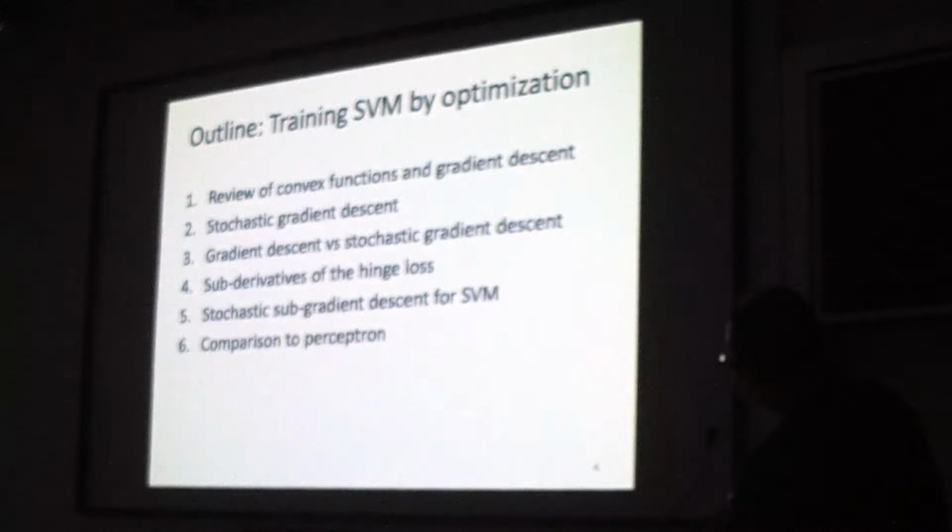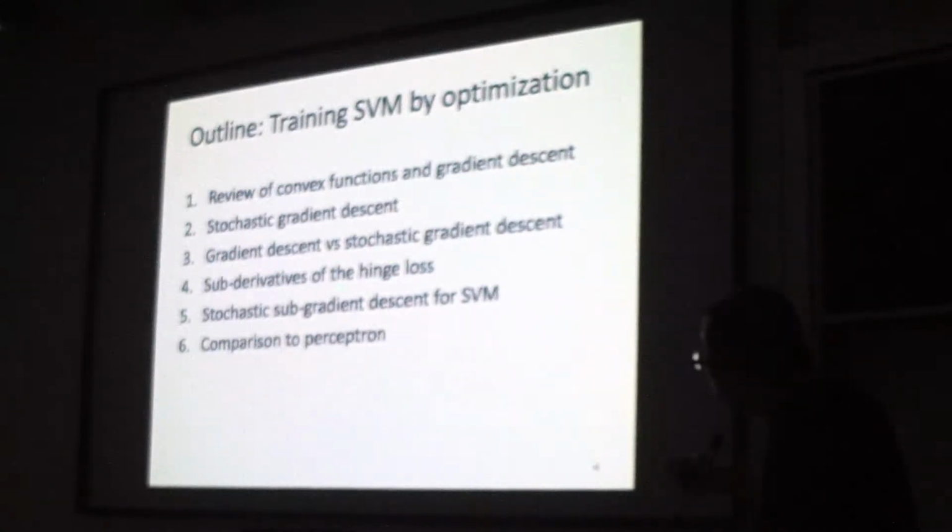So we're going to talk about the following topics. First, we're going to review the concept of convex functions and the gradient descent framework to refresh our minds. And then we'll talk about the stochastic gradient descent framework for learning support vector machines. And then we can talk more about the difference between gradient descent and stochastic gradient descent, and their advantages and disadvantages.